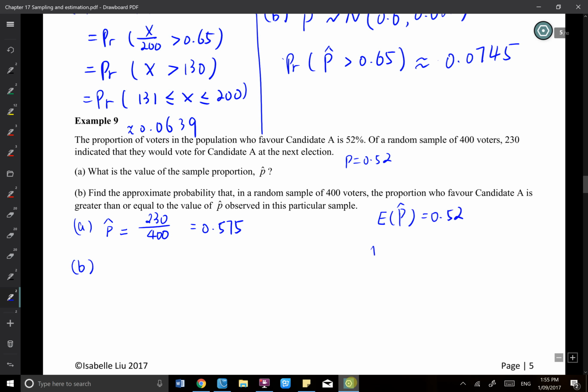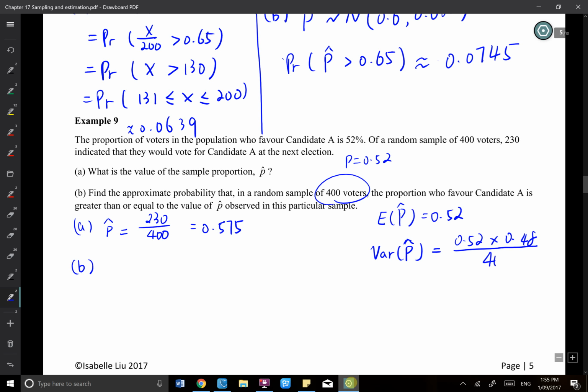And what's the variance of p hat? It's 0.52 times 0.48 over what? 400, that's the sample size of 400 voters.